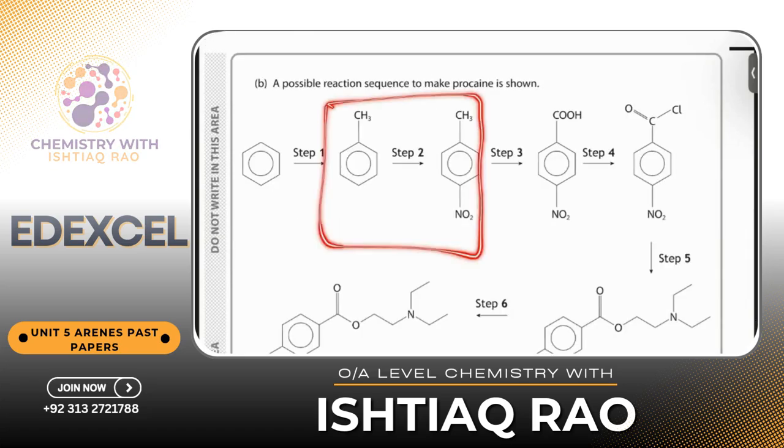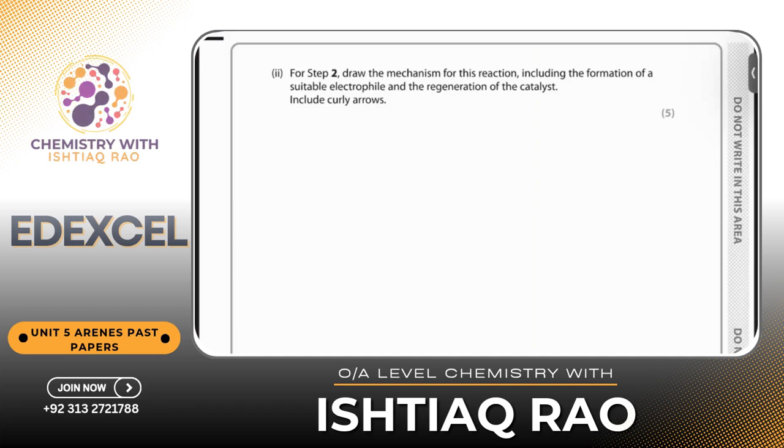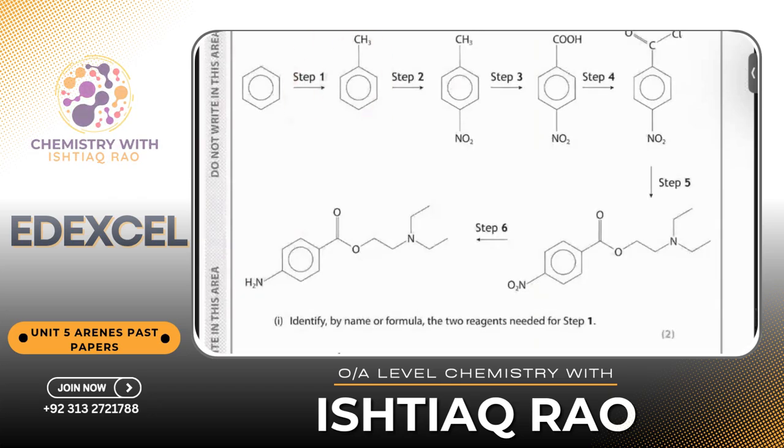In step 2, nitration is happening. Nitration means addition of NO2 plus. Since what we are doing over there is not a simple benzene, it's methyl benzene, we have to do nitration for the methyl benzene.